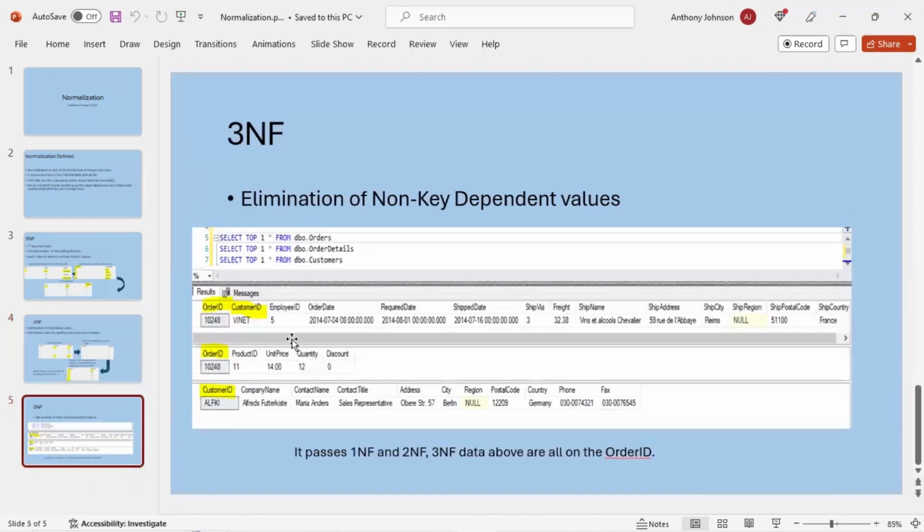So down to the last one, the third normal form, which is the elimination of non-key dependent values. We have 3 tables here. This is in the Northwind database, which you can download from Microsoft. We have the orders table, the order details table, and the customers table. So if you see here, these tables can all be linked.